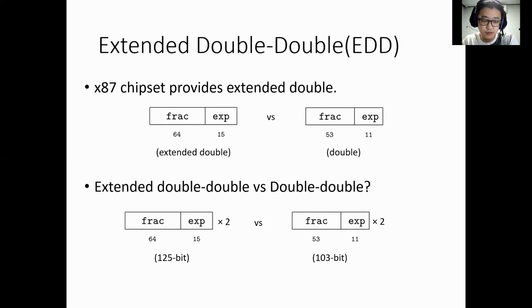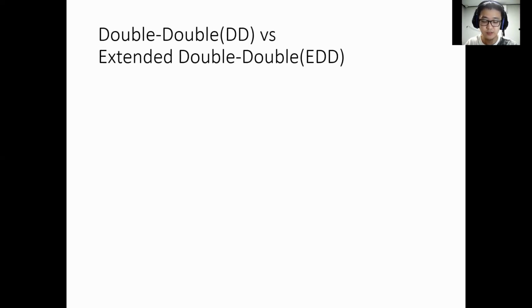So we have tried extended double-double and tried exactly the same test, whose result is expressed in this slide. Extended double-double provides more precision at the cost of more time. If this extra time is very big, then it is better not to use this extended double.